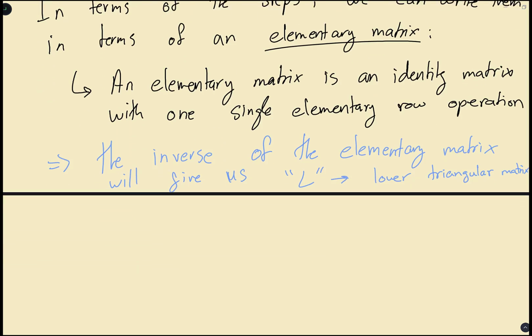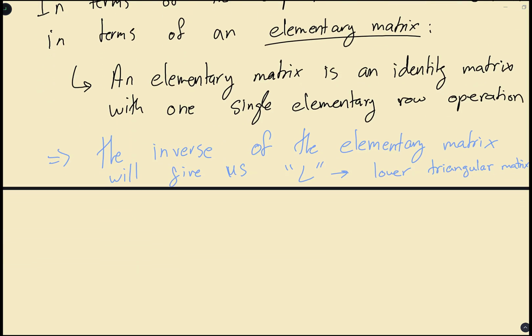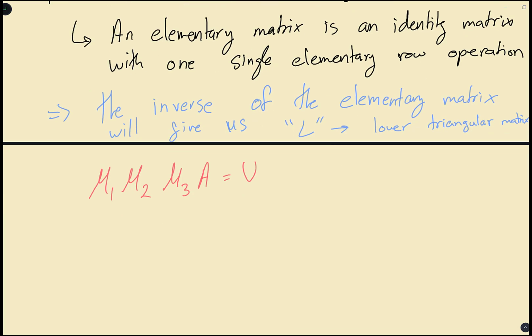So how does that look in terms of an equation? Basically, like I said before, if I have one row operation or one elementary matrix, a second one, and then a third one, because in this case we have 3 row operations multiplied by the coefficient matrix, this gives us the upper triangular.